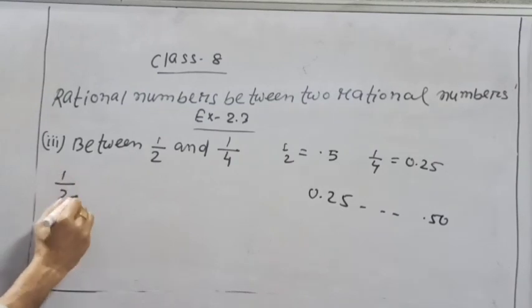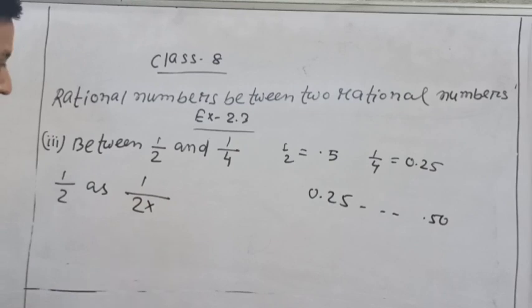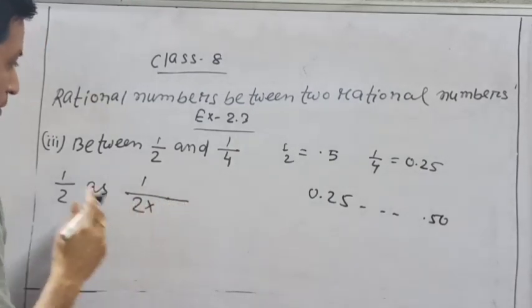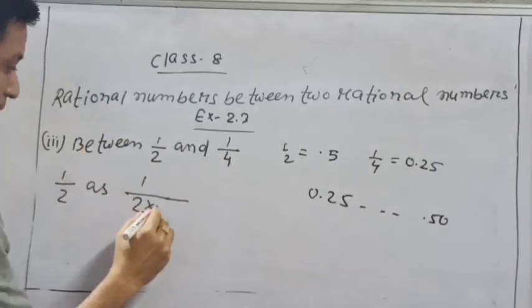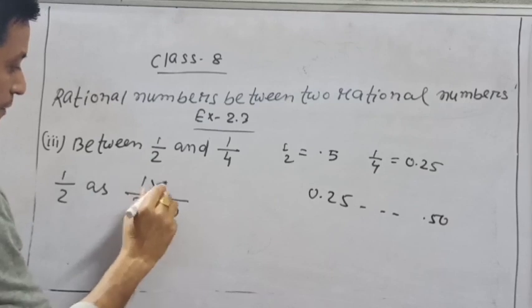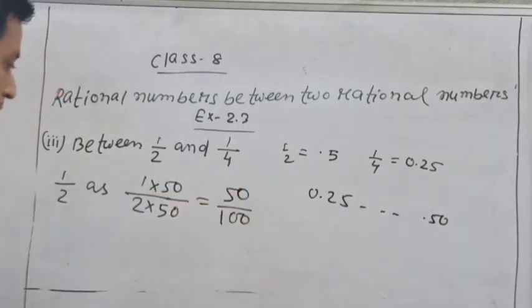So half, multiply by, suppose, 50. So we'll get 50 by 100.